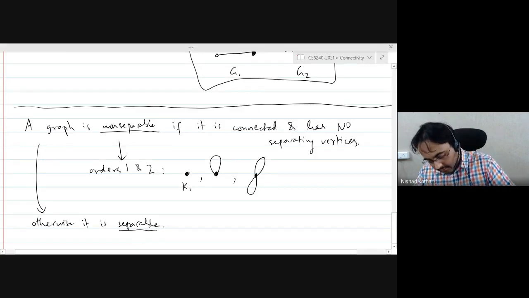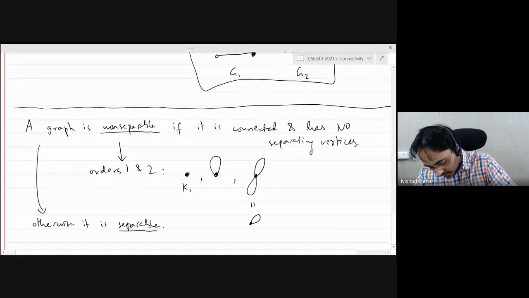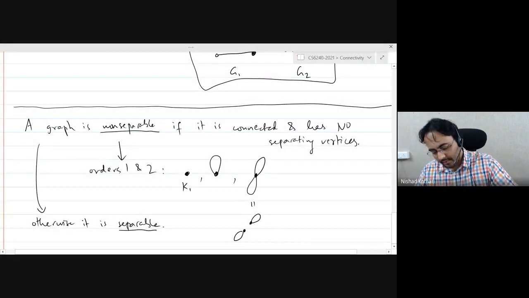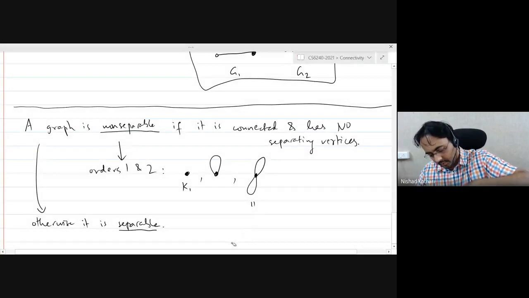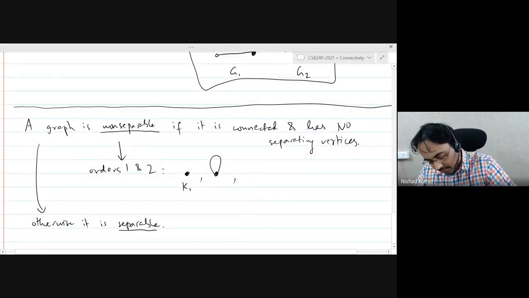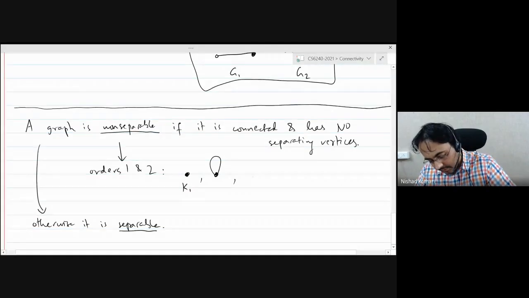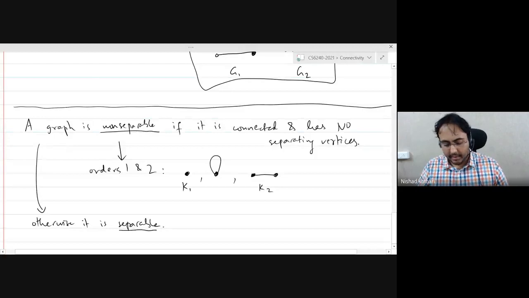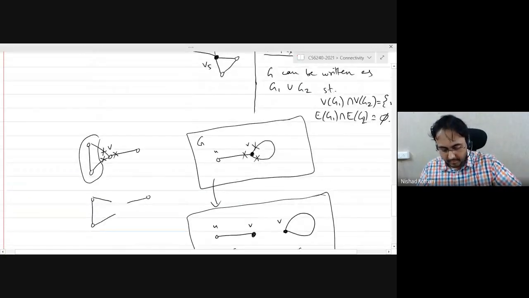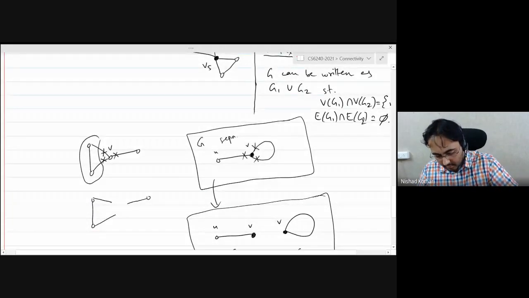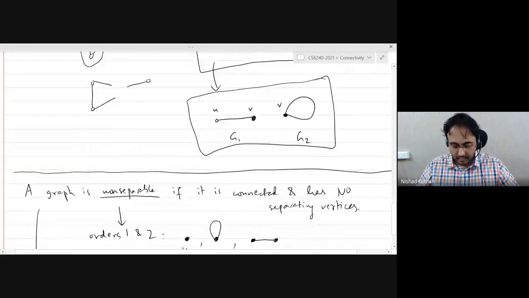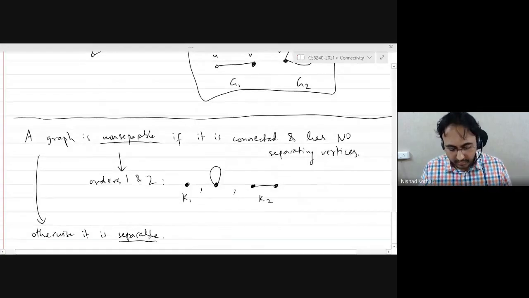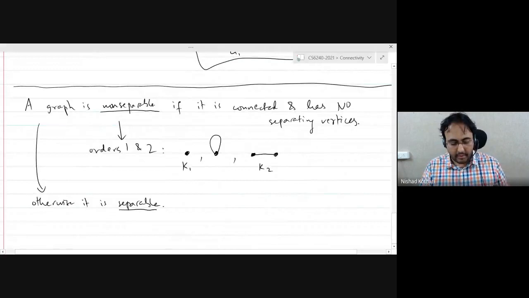Yes, it is separable because you can take the union of two graphs, one with one loop and the other with the other loop. So this is separable, so we are going to remove it. And the only non-separable graph on two vertices is K2. The moment you add a loop, you get a separable graph like the one here. So on 1 and 2 vertices, there are just these 3 non-separable graphs.